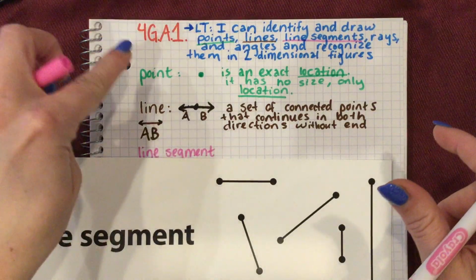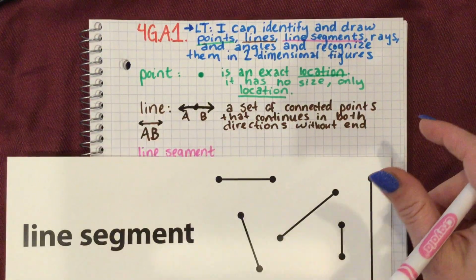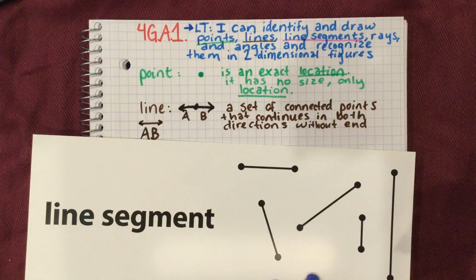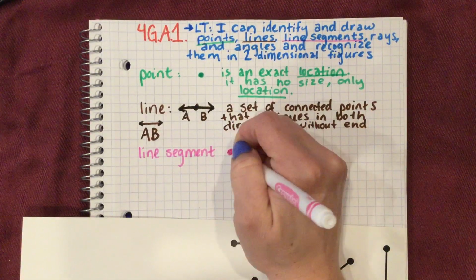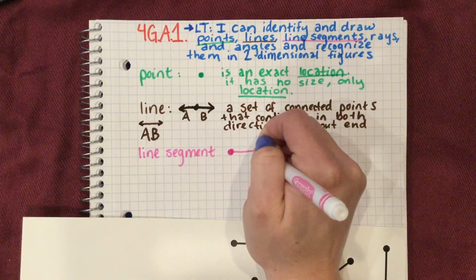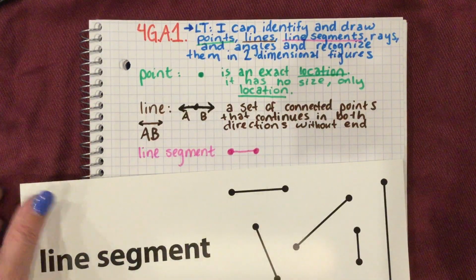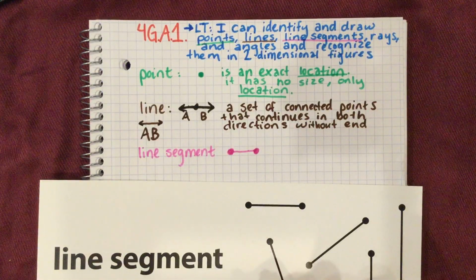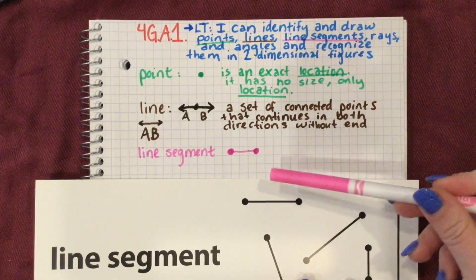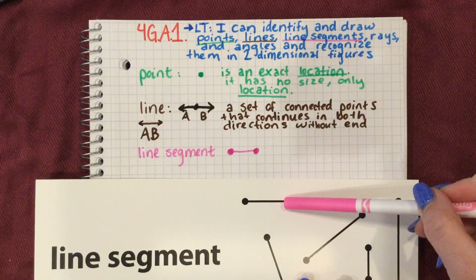What do you notice about points and lines that you can see on a line segment? So I'm going to draw my line segment. It's kind of like that. Remember, just like a line, it can go up, down, sideways, diagonal, left, right, vertical, horizontal, whatever you want to do. It's a line segment either way because it looks like this.